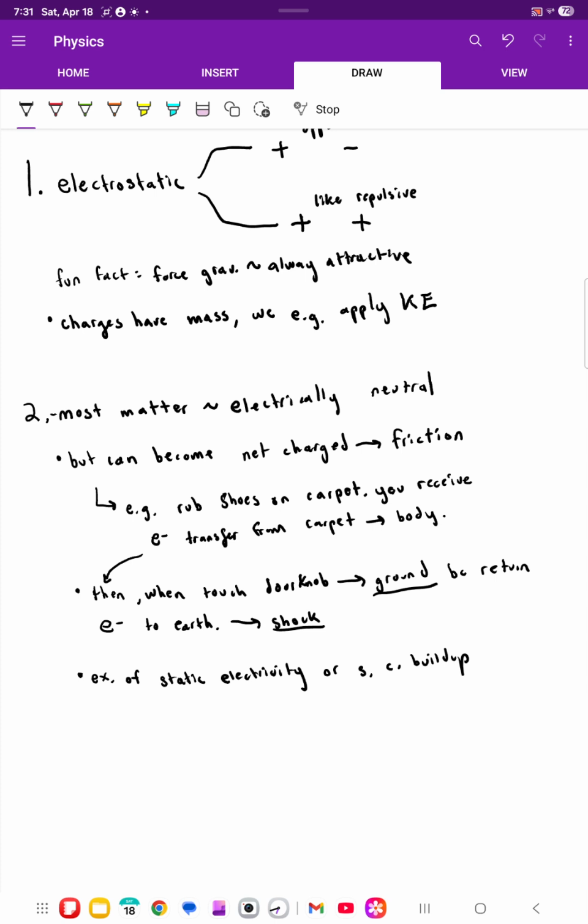The unit of charge is the coulomb. The SI unit, the standard international unit, of charge is the coulomb, and the fundamental unit of charge is 1.6 times 10 to the negative 19th coulombs.